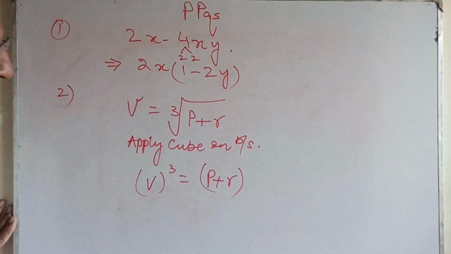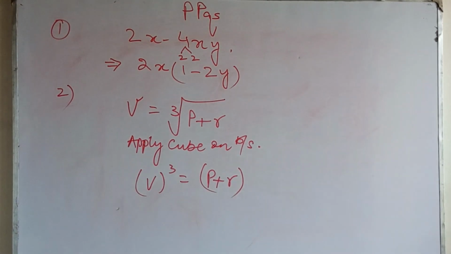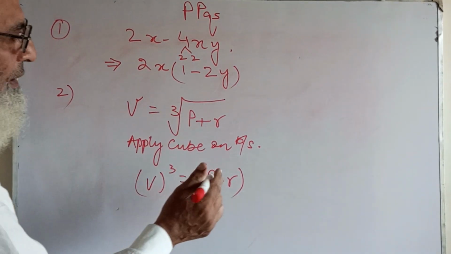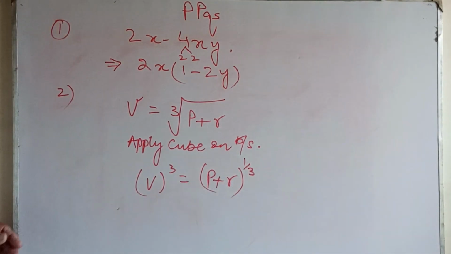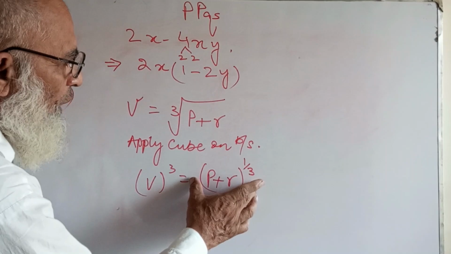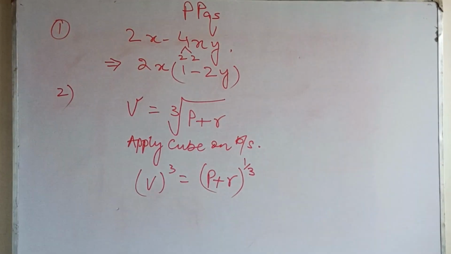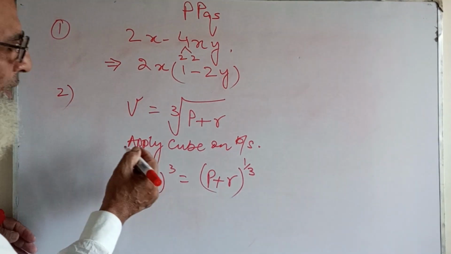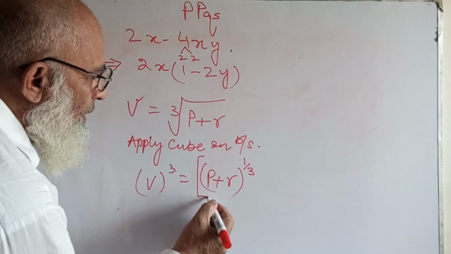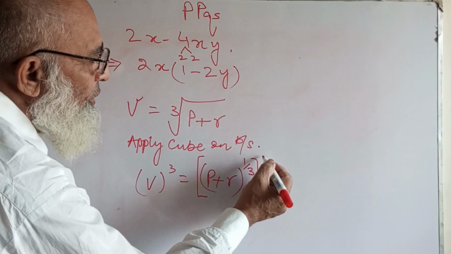Now this root will be translated into power 1 by 3. This is exactly what is written. And of course, our cube.